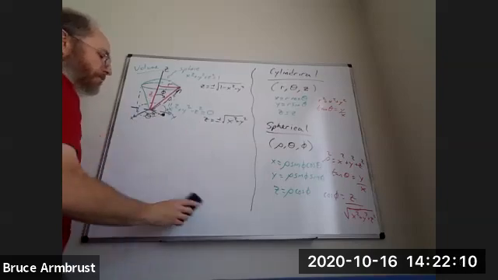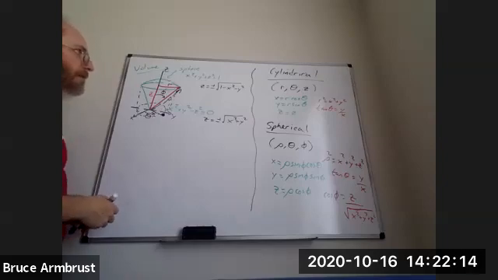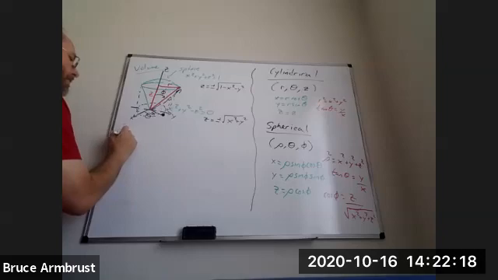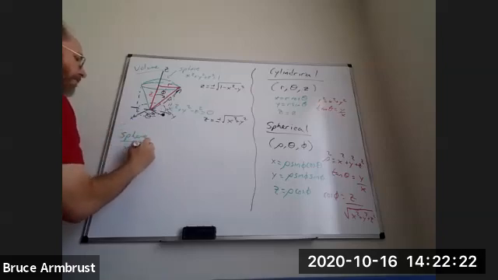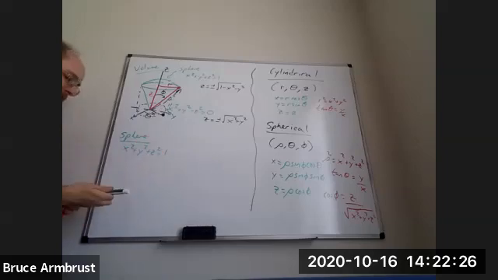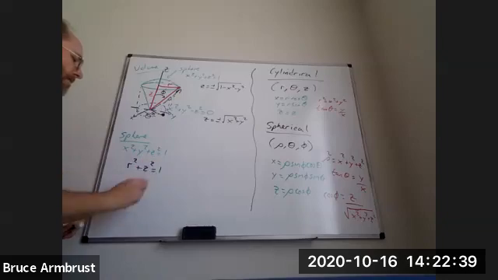First thing I want to do is convert these equations into cylindrical. Here was the sphere again. Remember, the sphere was x squared plus y squared plus z squared equals 1. If we change that so that we're now in cylindrical, the x squared plus y squared becomes r squared. The z is still z.